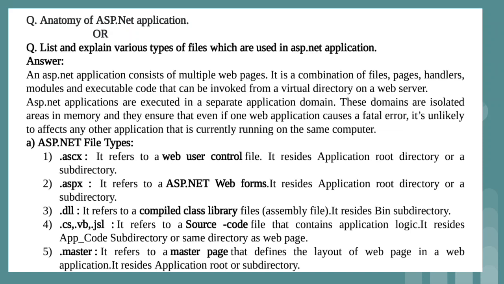And if you have a question as list and explain the various types of files which are used in an ASP.NET application, then just explain the A part, that is ASP.NET file types. The first type of file is .ascx. .ascx is the extension for a web user control file, and it resides inside the application root directory or subdirectory.